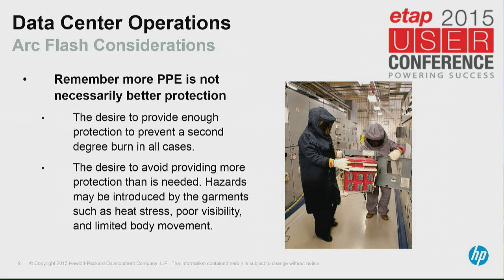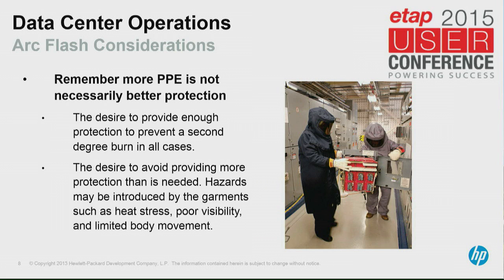IEEE standard 1584, which most of these calcs are based on, what it basically tells you is, another one of those trade-offs, right? Because as you start getting into more and more protection, the PPE levels go higher and higher, you start limiting the mobility of the individual doing the work. Your visual acuity and ability to see peripherally gets difficult.